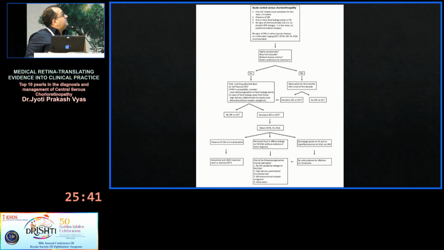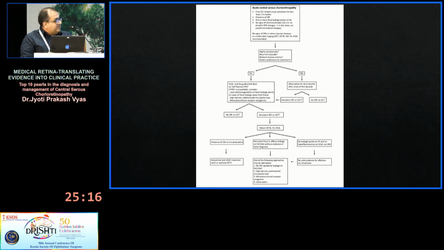patterns, if you just look at this flow chart: in a patient who lands up with an acute CSCR in your clinical practice, the best treatment would be observation for the initial period of 3 to 4 months, following which, when the patient is re-examined on an OCT, if the fluid is present, we do an FFA, ICG, and also an OCTA to look for evidence of any leak.